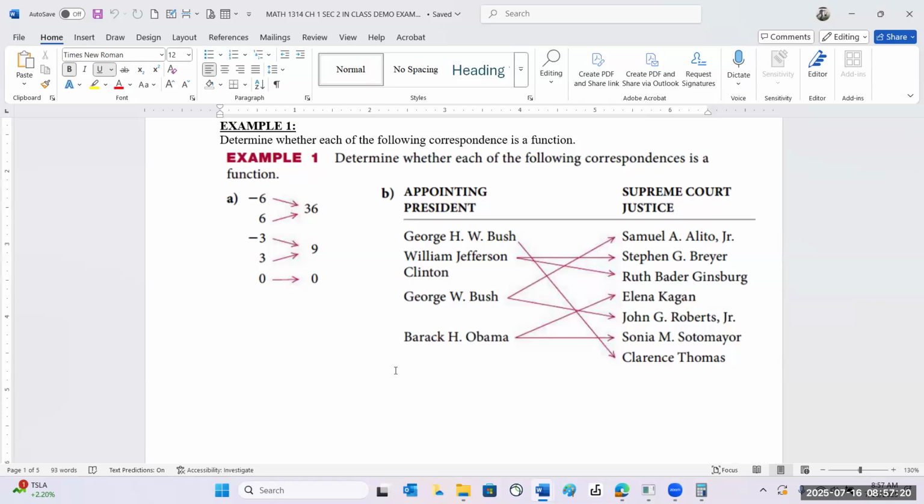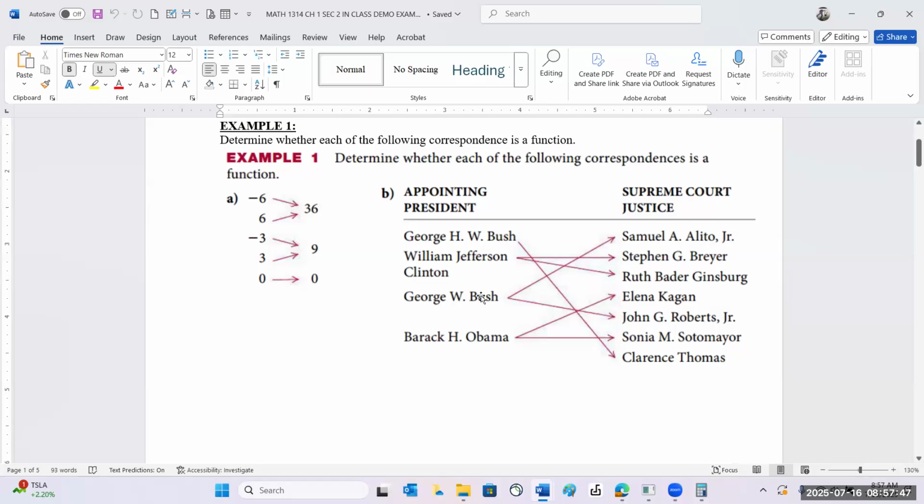So it's automatically a correspondence. How about the second one? Is that a correspondence? No, because Jefferson sent to Stephen Breyer and Ruth Ginsburg. Bush, George W. Bush, Samuel Alito, and John Roberts. So is this a correspondence? Is it a relation? Yes.